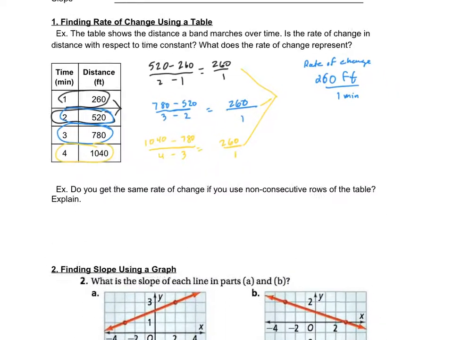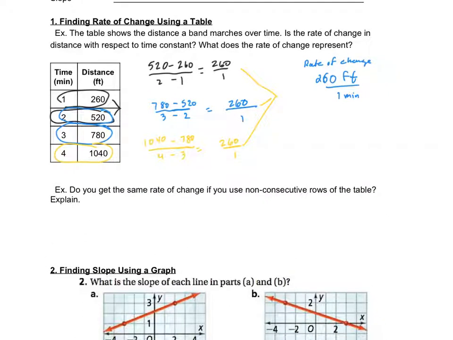And it says here, do you get the same rate of change if you use non-consecutive rows? Well, if I were to use this row and this row, those are not consecutive because there's something in between them. And I take 1040 minus the term two before it, 520, over 2, I get 2 in the denominator, and then I end up getting 520.